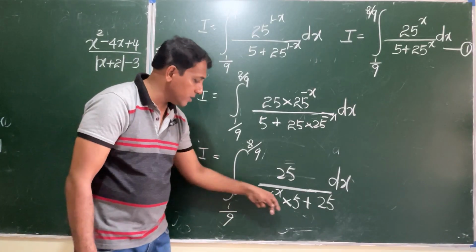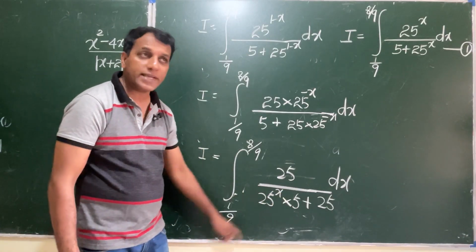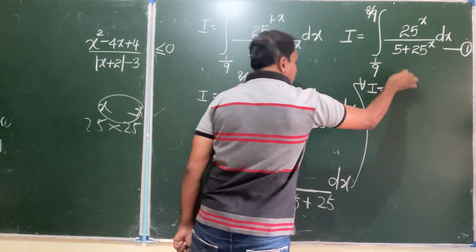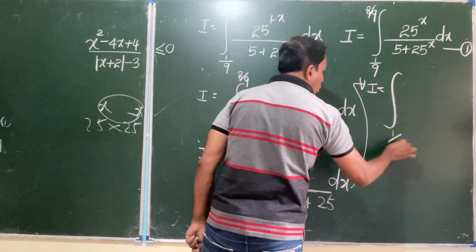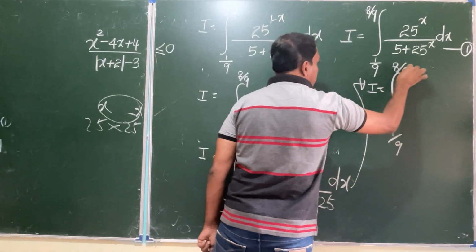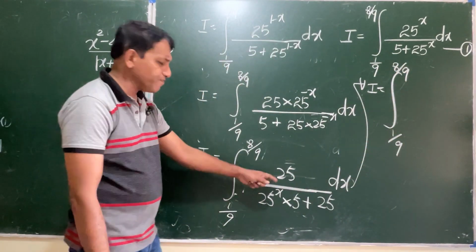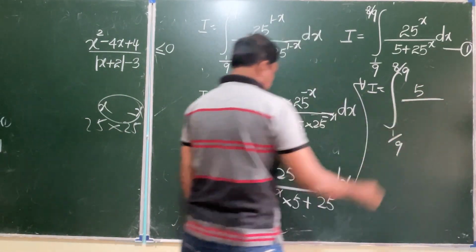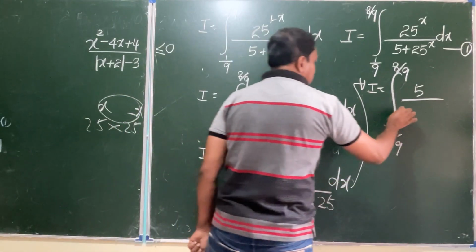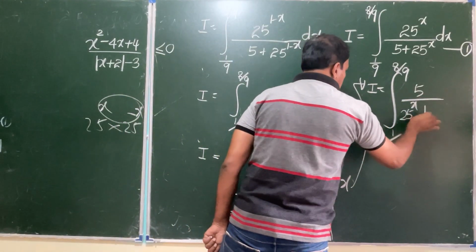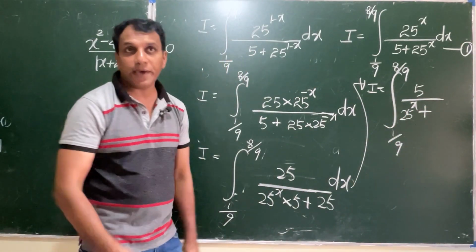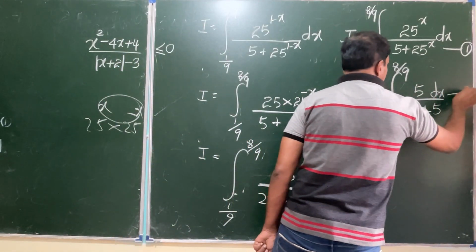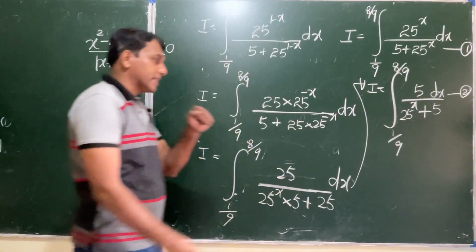Here the answer is only 25 power x. So I come back to this: I equal the integral, boundaries 1 over 9 to 8 over 9, cut by 5, so 25 five times; here cut by 5, cancel, 25 power x, plus here 25 five times, dx. Okay, this is the second equation, the second integral part.